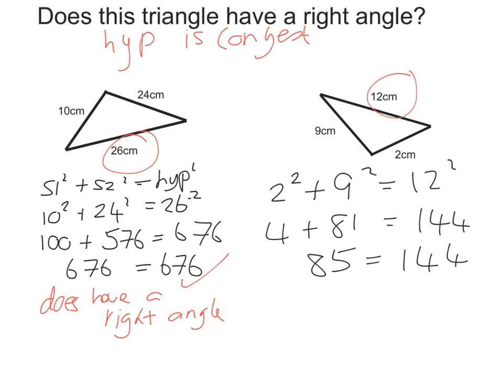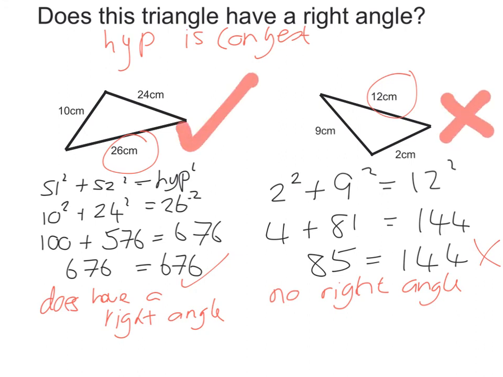So we have 85 is equal to 144. Obviously, no, it's not. That does not make sense. So if your equation doesn't balance, then you say it does not have a right angle. So what we've shown here is that the first triangle does have a right angle. The second triangle does not have a right angle.